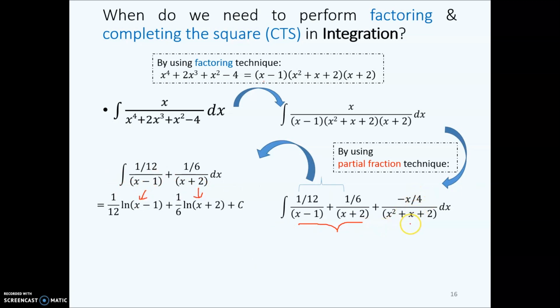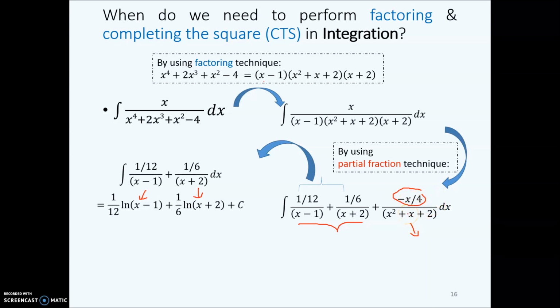And for this part, if you let the substitution u equal to x squared plus x plus 2, then you should be able to get 2x plus 1. But over here you get something in x, and you don't have a constant here.